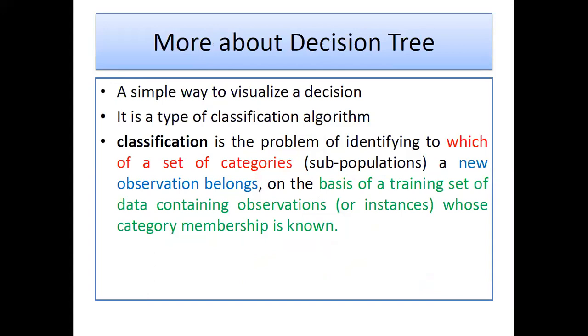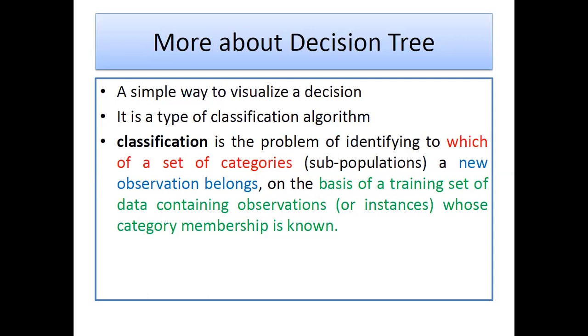Let us have some more points on decision tree. A simple way to visualize a decision is basically done by a decision tree. It is a type of classification algorithm. Classification is the problem of identifying to which of a set of categories a new observation belongs.